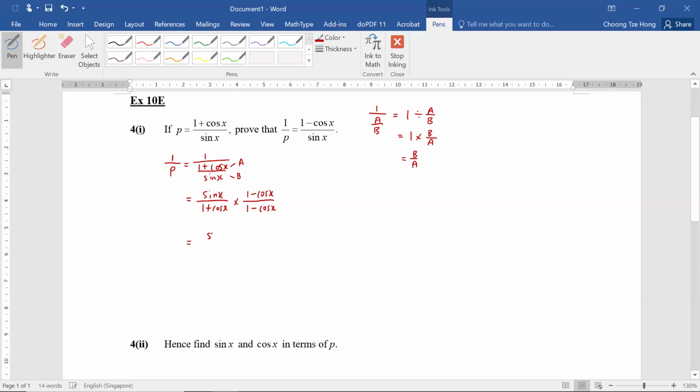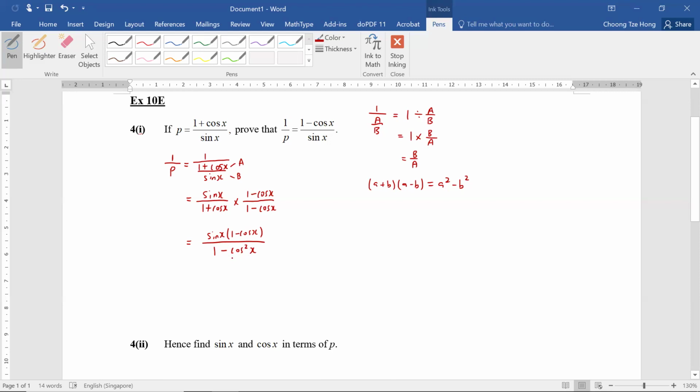At the top, we just have sine x times 1 minus cosine x. At the bottom, this is of the form a plus b times a minus b, so we end up with a square minus b square. Here a is 1 and b is cosine x, so we end up with 1 minus cosine square x.